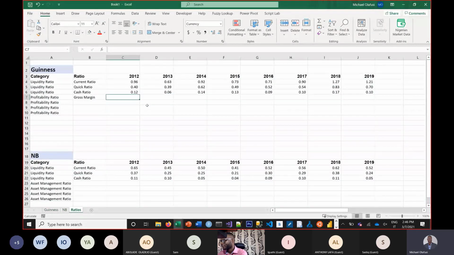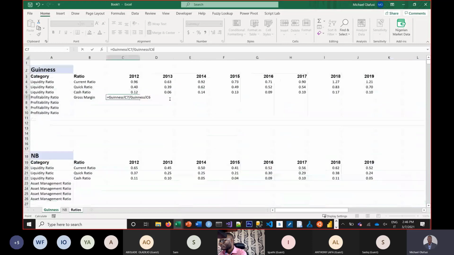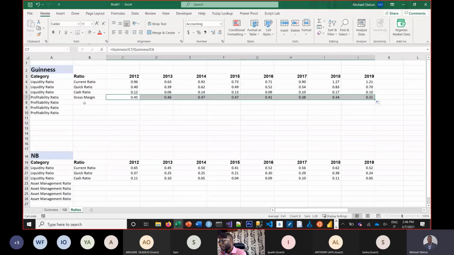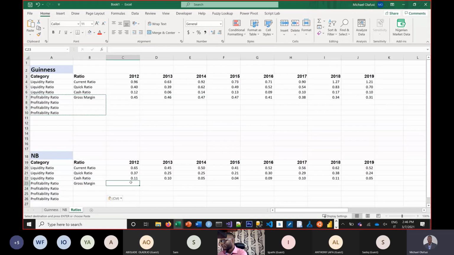So gross margin is the gross profit divided by the revenue. Okay, I'm going to make it show in a grid. And we can quickly do that also for Nigerian Breweries, and we'll be able to compare.